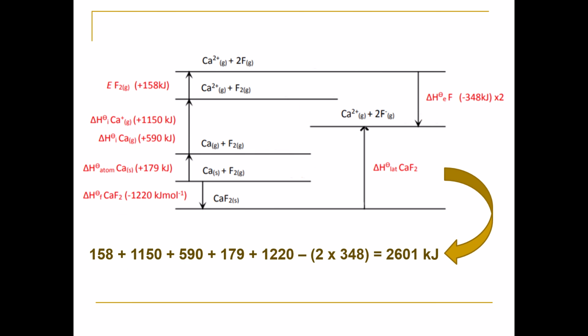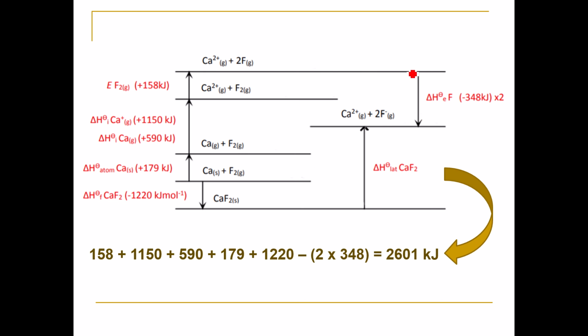Alright, and here is all that written out for you again. So we started here, our elemental forms, sublimation of the calcium to make gas, 2 ionization energies to take 2 electrons away to form the cation. Then we had to break apart the FF bond, so bond dissociation energy.